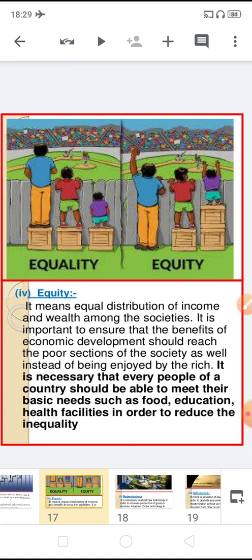Then we have equity. Now see the equitable distribution. Children, equitable distribution, on the other hand, refers to the situation when differences in income are allowed but only within certain limits. These differences should be socially warranted and proportionate to the differences in the qualification and skills of different individuals in society.